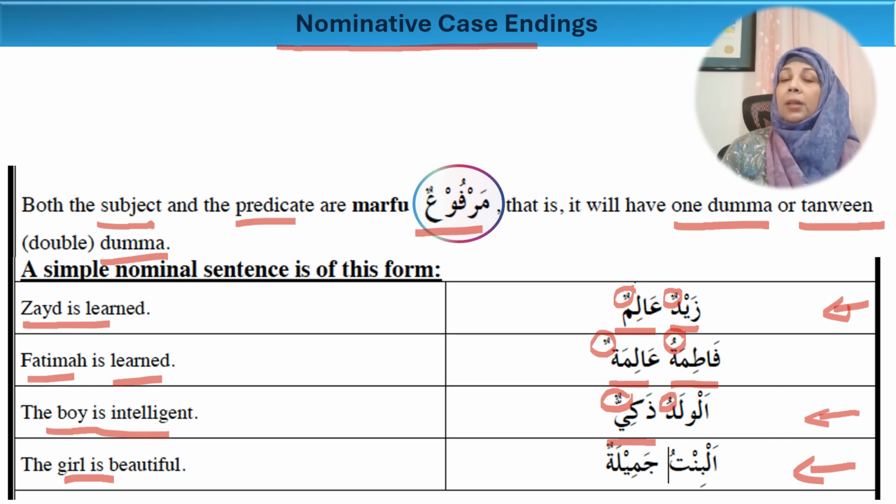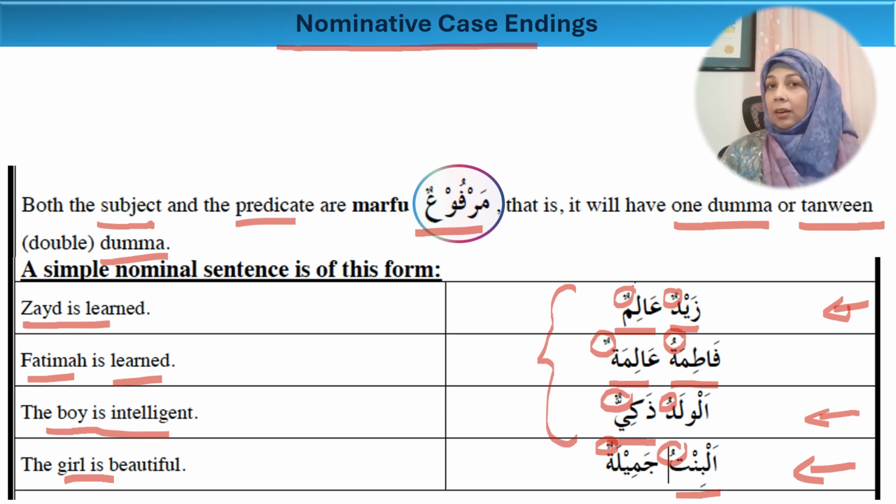Here al-bintu is the mubtada and it ends with a single Dhamma, and jamilatun ends with a tanween Dhamma, which is the khabar. So as you have seen in all of these cases, the mubtada and the khabar end with a Dhamma, single Dhamma or a double Dhamma, and we say they are in the nominative case, marfu'un.